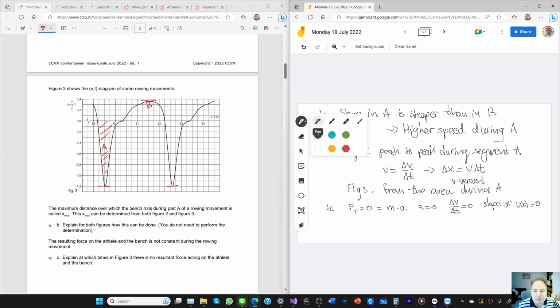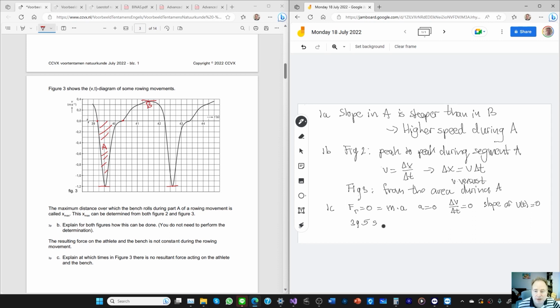So that happens when this is 39, this is 39.5, so this is about between 39.5 and 39.6, so say around 39.5 seconds. And here this is 41, this is 41.5.